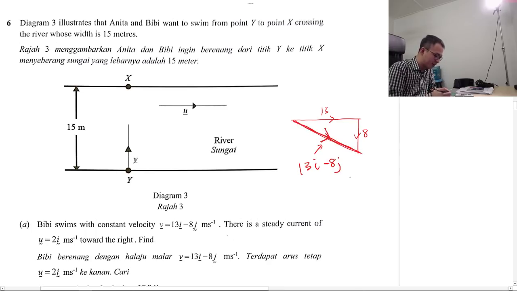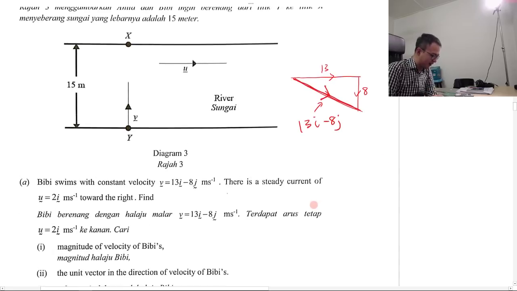But because you want to go the opposite way, you want to go from Y to X, I do not know how to add this as my resultant vector. Of course, I know that in order to get the resultant vector for PP, it is basically this vector plus this vector.